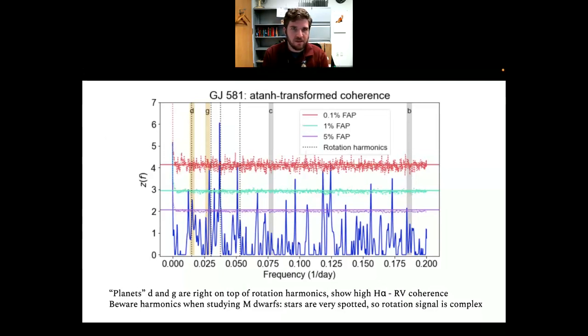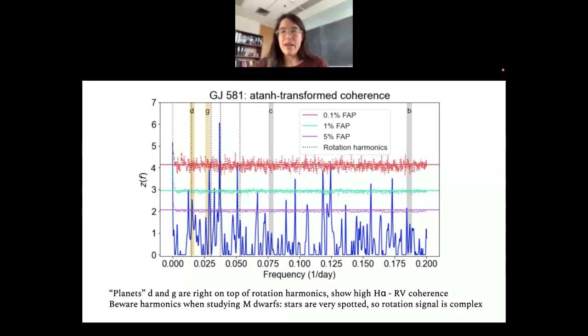Yeah, so with this coherence statistic, there is an analytical formula that you can use to calculate your false alarm thresholds just based on the number of data points in the time series. But you can also calculate it by bootstrap. The way to do that is you take both time series, you scramble them, and then you calculate the coherence between the scrambled versions, and you repeat that some number of times.